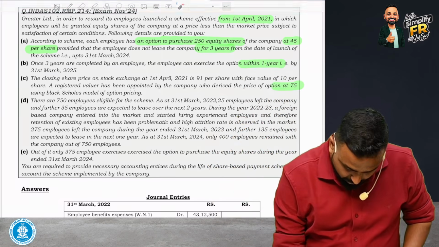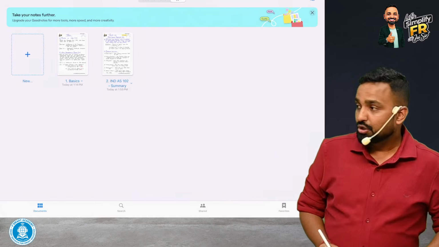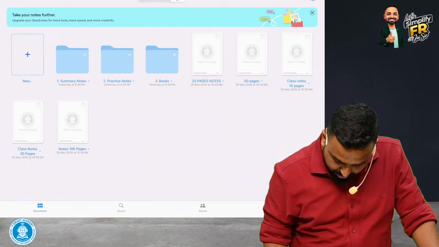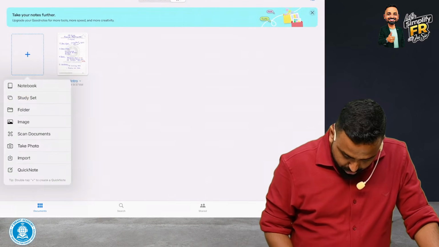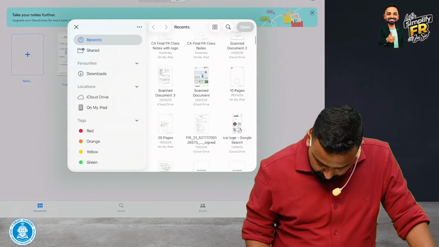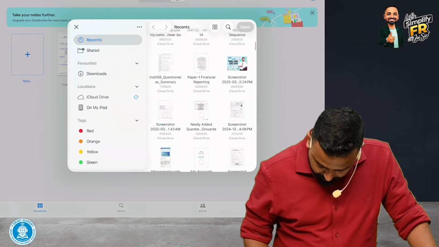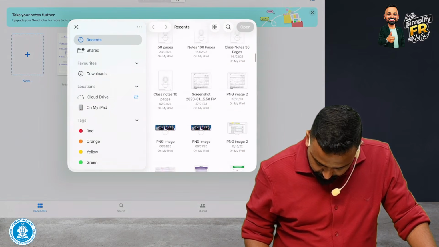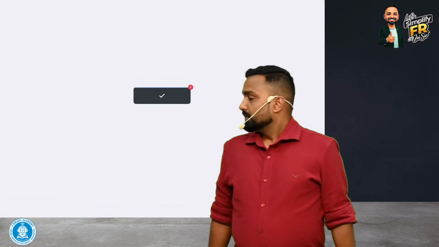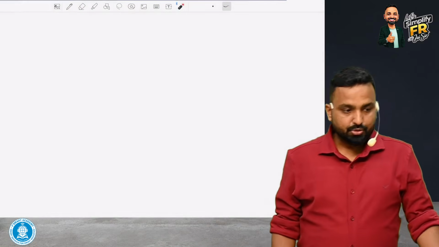I'm using different notes, not the summary notes. I'm using different notes for solving questions, practice notes.